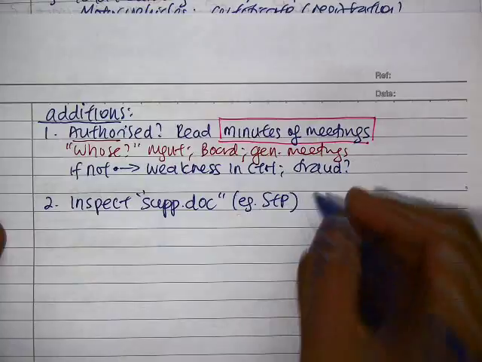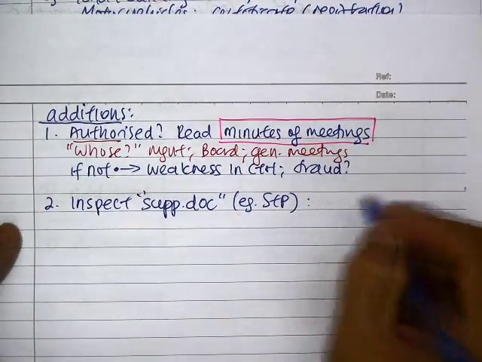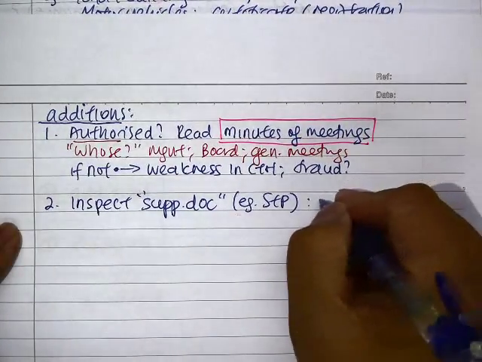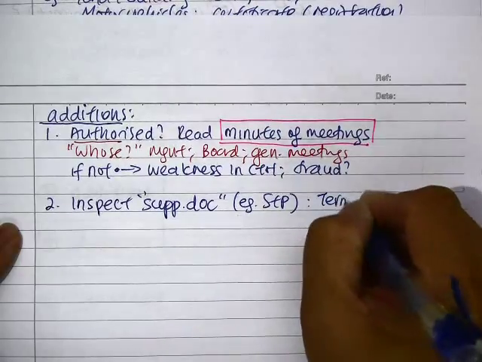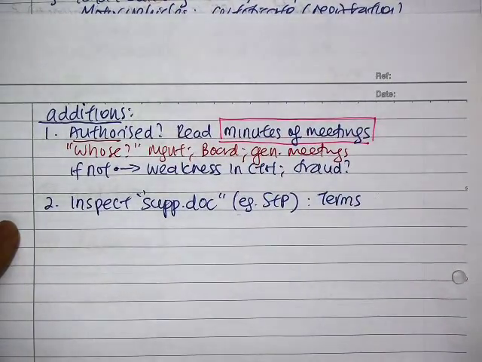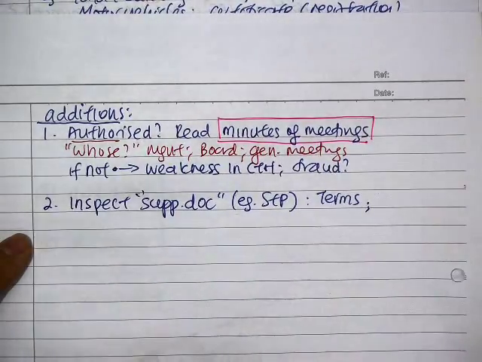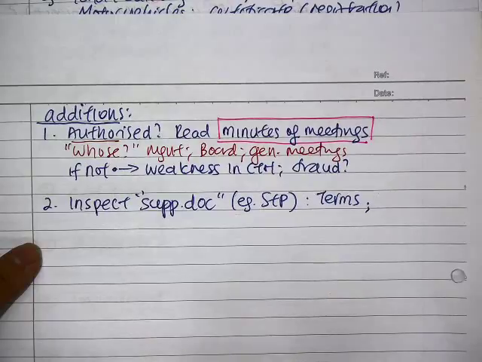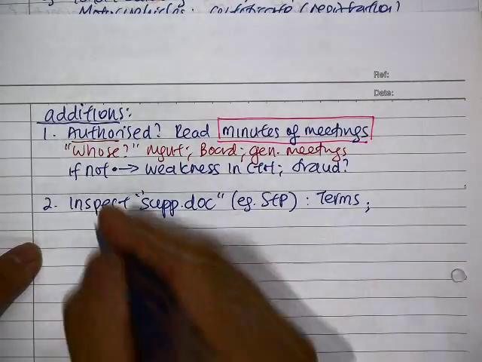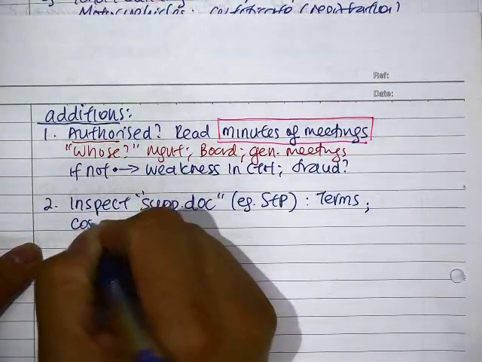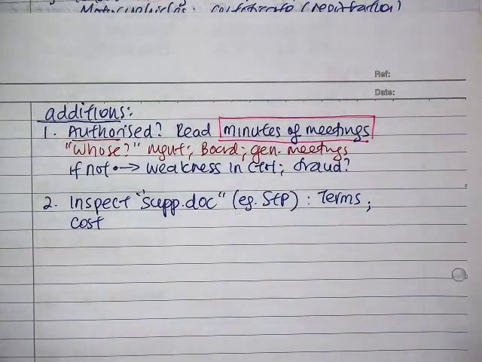Again, all these things will help us to show the terms of purchase. Now from the supporting documents, maybe like the invoice and so on, you can also identify what your cost is.